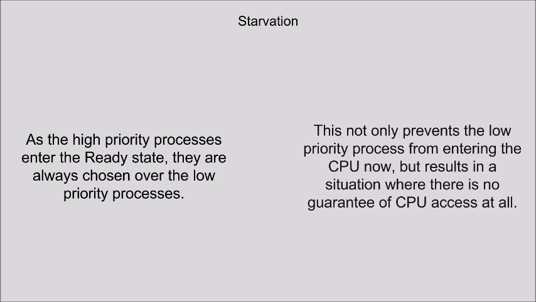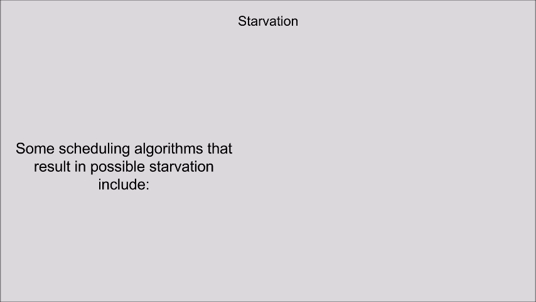So this low priority process never really gets to go. It just kind of sits there, waiting for CPU access, but it never gets it because we have a bunch of high priority tasks that keep coming in. So we have to keep shoving that low priority task to the side.